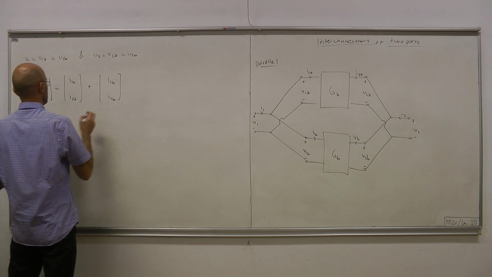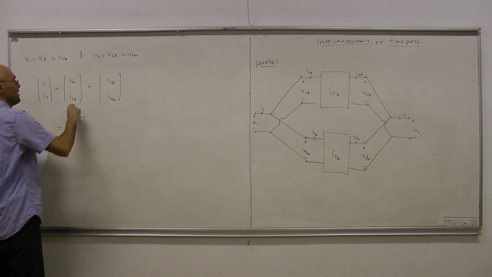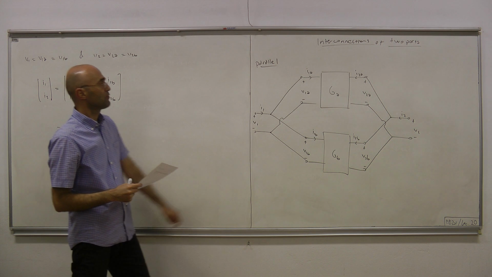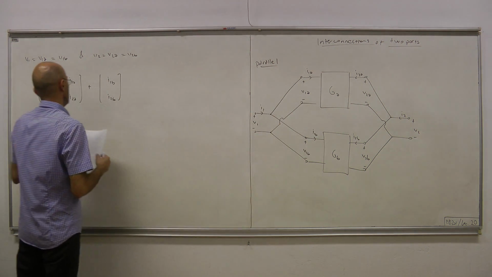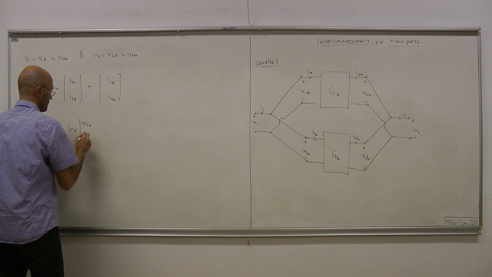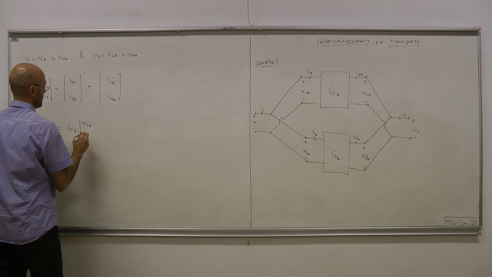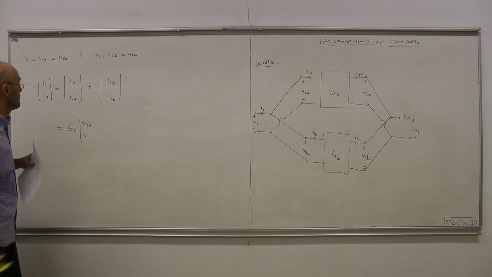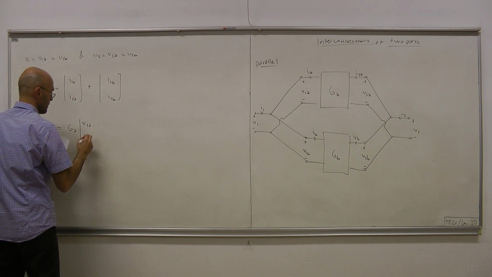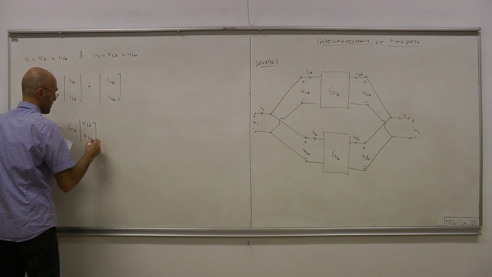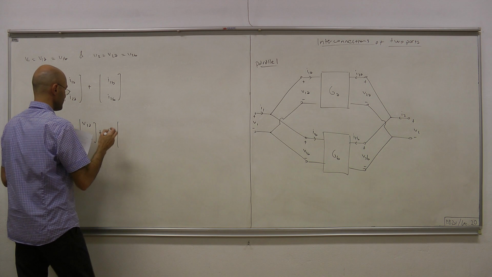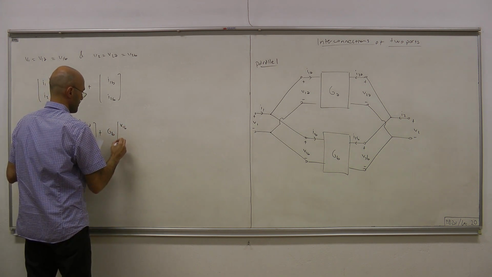And now we know that I1A, I2A we can express in terms of the voltages. That's GA times V1A, V2A. Likewise for this one, GB times V1B, V2B.